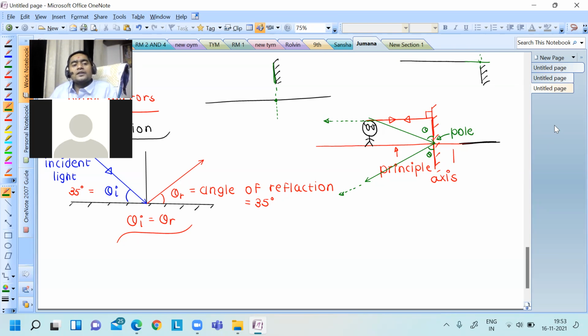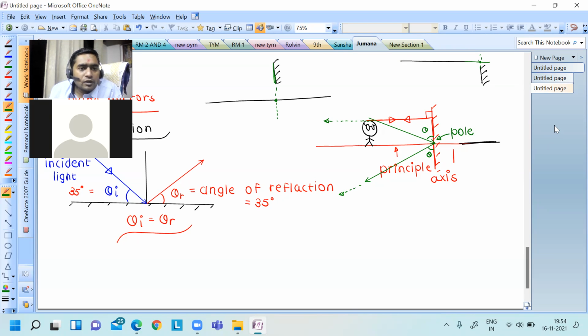See, if in the direction of reflection the rays are not intersecting, then we must go in the reverse direction, meaning behind the mirror. In front of the mirror, these two rays will never intersect.